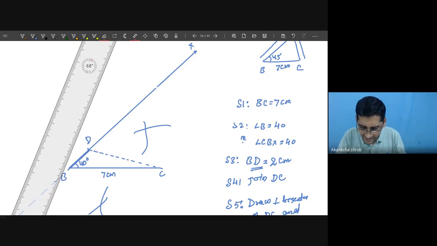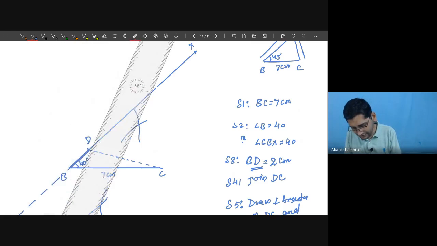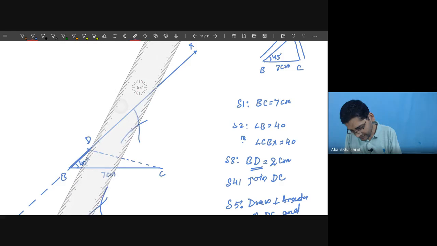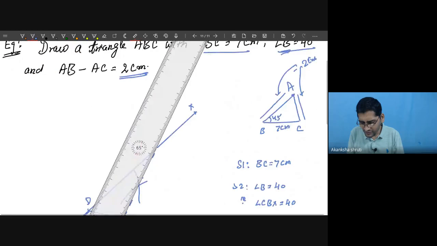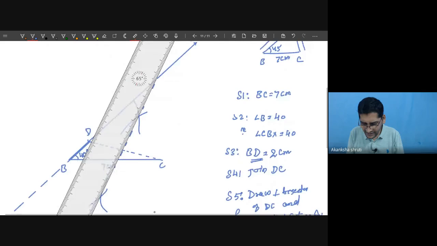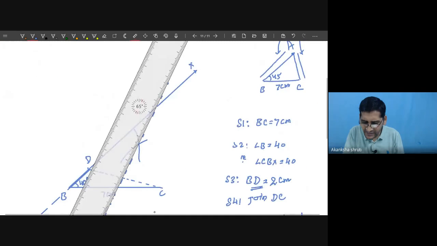The circle drawn is slightly not matching, but while taking with the compass, you will get it exactly. So it will be in the middle of this. So this is the perpendicular bisector of which part? This CD. So this way the perpendicular bisector of CD is drawn.